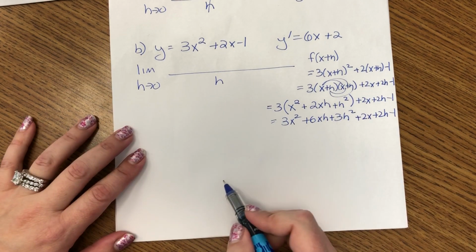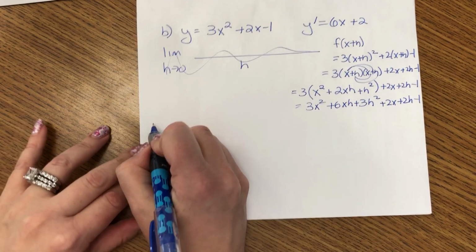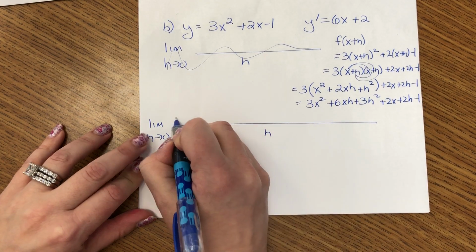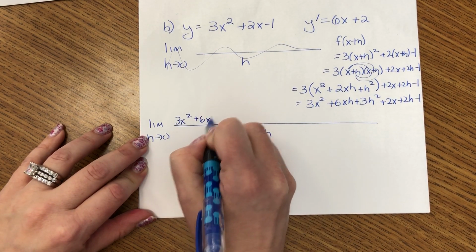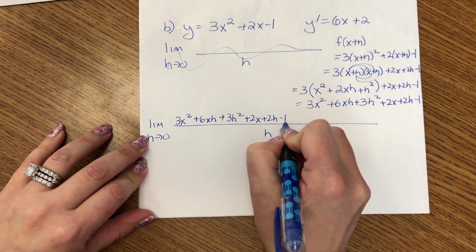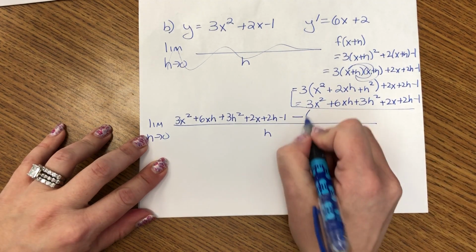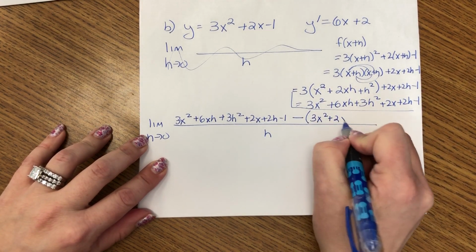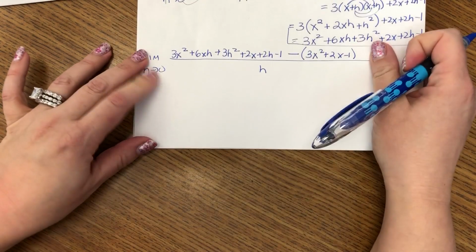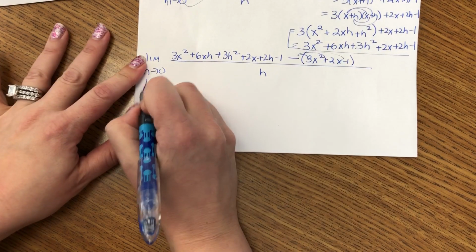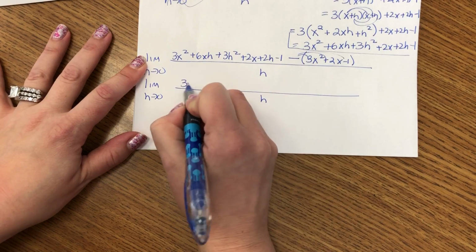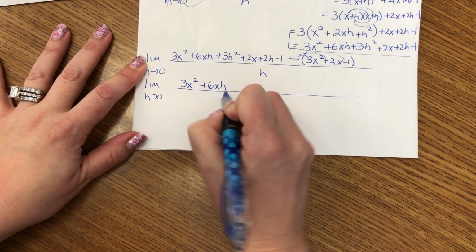All right, so that is the first part of my numerator. I'm just going to start my limit down here. So that it's minus the original function. I have to distribute the negative. You have to write this limit as h goes to 0 until we substitute in the 0.